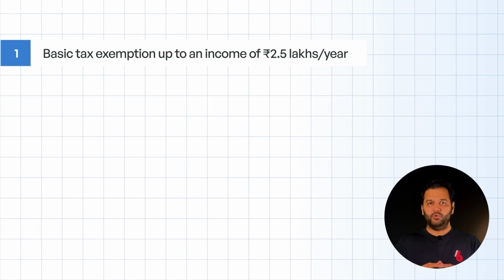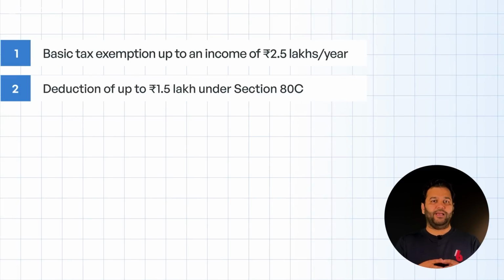These include basic tax exemption up to income of 2.5 lakh rupees per year, deduction of up to 1.5 lakh under Section 80C against ELSS investments, tax saver FDs, home loan repayments, and life insurance premiums for its members.